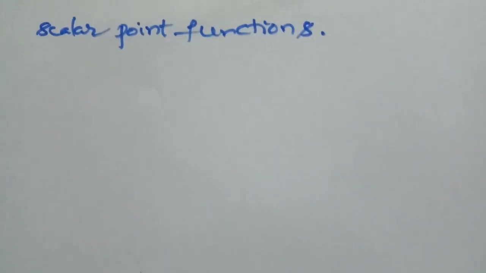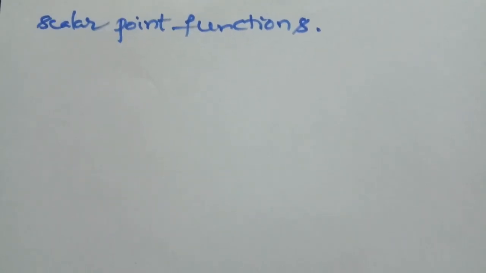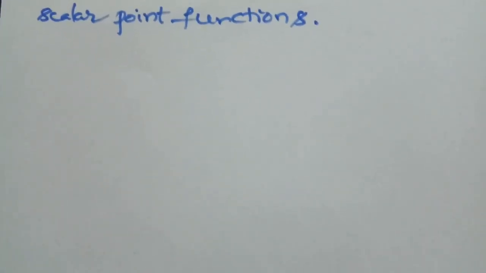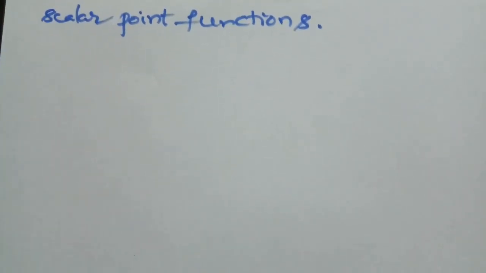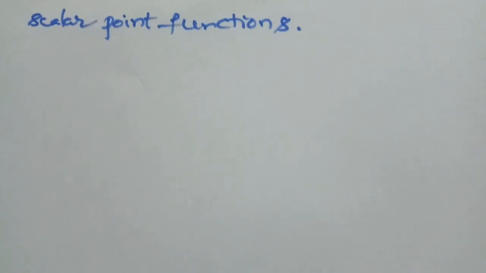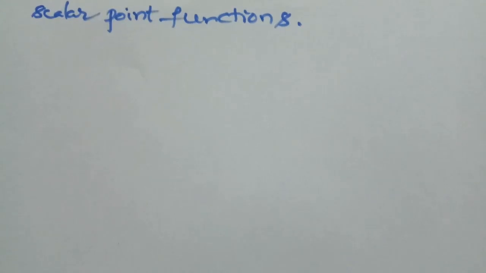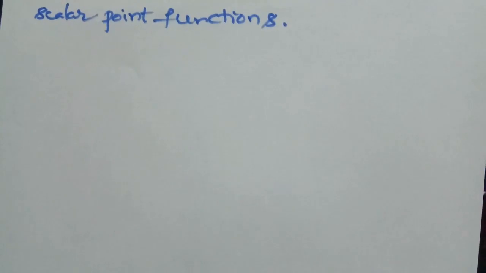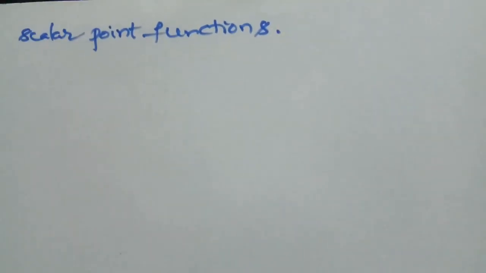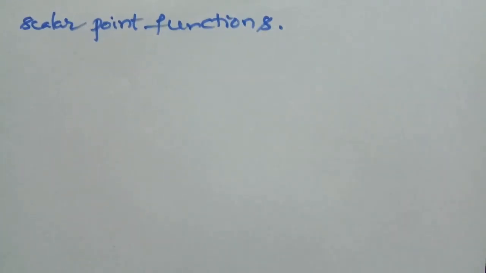As we know that scalar means it has only a magnitude but no direction. Those quantities are called scalar. But here in a scalar point function, you know that for each value in the domain, there corresponds an image such that y is equal to f of x. Those are called functions. So here, scalar point functions in a space. That means space coordinates are x, y and z.